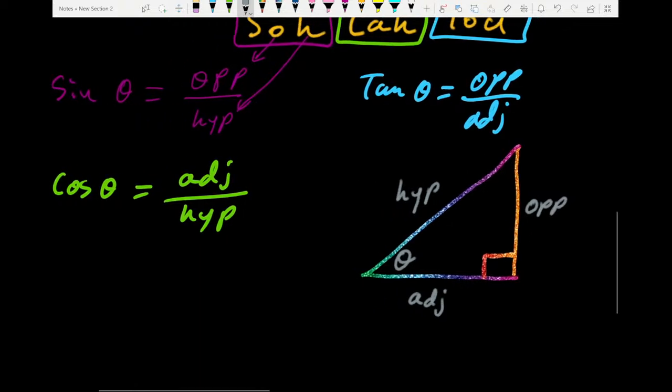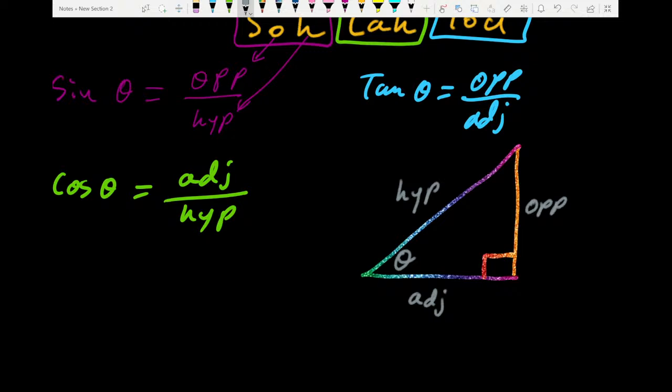So now we can understand, if I say sine of theta using this triangle, I could find out this is opposite over adjacent, I mean opposite over hypotenuse. Cosine would be adjacent over hypotenuse. Tangent would be opposite over adjacent.